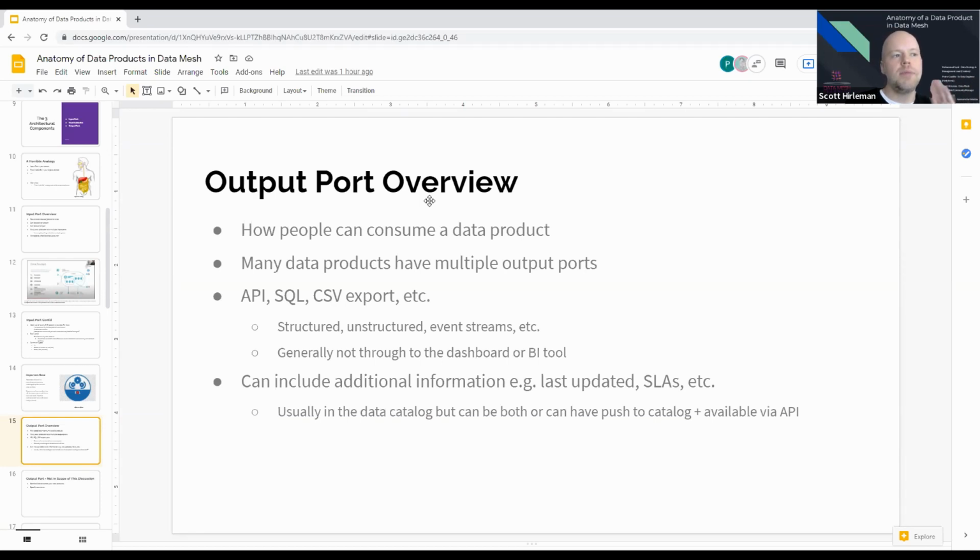There are some people who are trying to say that the data product extends not just to how people are able to consume the data itself, but to their actual end consumption, so into the BI dashboard or the tool or whatever. From my perspective, I don't think that makes sense, because that becomes too much on the data product owner.